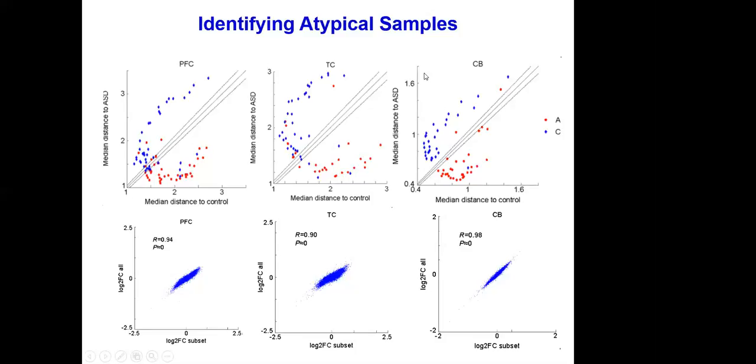What these figures are saying is that, yes, there are atypical individuals who don't behave like their cohort. But on the whole, autistic epigenomes look like each other, and control epigenomes look like each other, even when you have a puny 30 versus 30 or 40 versus 40 cohort. That is a huge difference. Despite the fact that the genetic mutations that cause autism are diverse and the environmental factors that cause autism are diverse, by the time they influence the epigenome, they're all influencing it in more or less the same way.